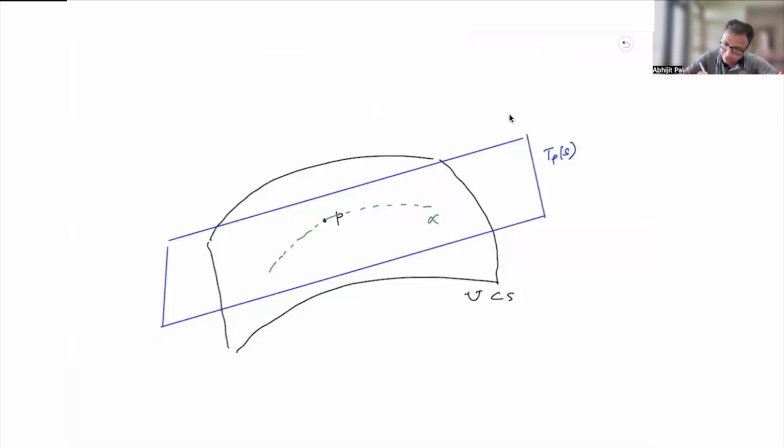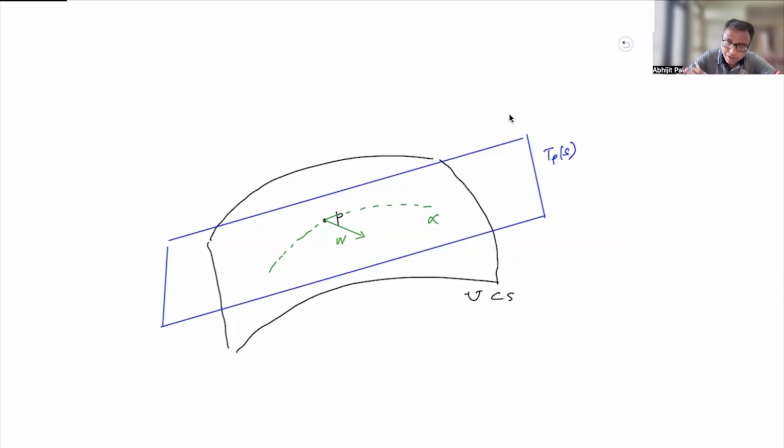So on this curve alpha, I have the vector field. So this is my, say, W. So this vector field we have.